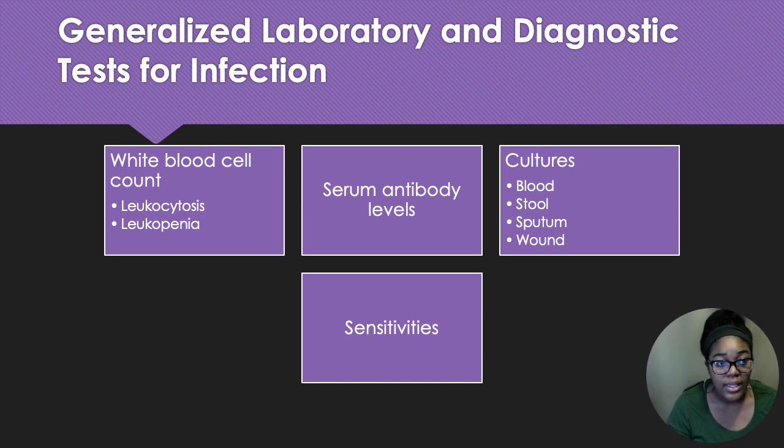Both of these would indicate that there's some sort of infection. You can look at your serum antibody levels to see if the body is fighting off infection or has developed antibodies against particular antigens that will cause those infections. You can look at different types of cultures, that's blood cultures, stool cultures, sputum cultures, wound cultures, and you can also have a sensitivity test. All of these are generalized laboratory and diagnostic tests for infection.